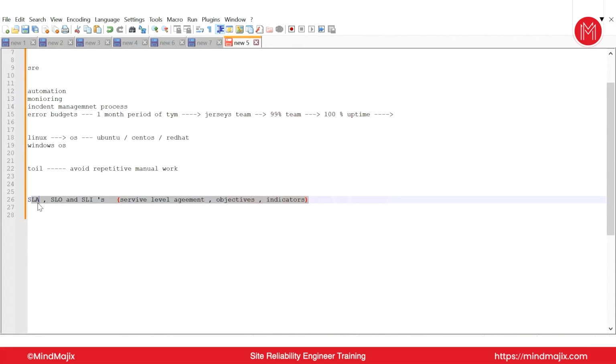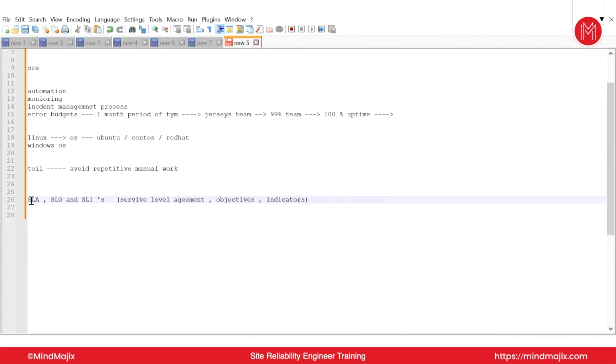A means agreement, O means objective, and I means indicator. Simply, everyone will call them SLA, SLO, and SLI in your daily IT work.